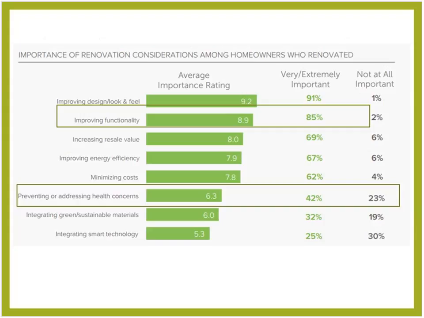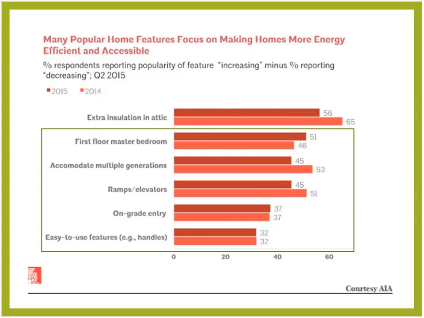The first one on top, which seems to be nearly the most important besides look and feel, is functionality. We would almost argue that to some degree functionality plays a role with accessibility, because accessibility plays a role in functioning around the house and how to get around. And then on the bottom, which is still a growing concern, is preventing and addressing health issues, primarily looking at air quality impacts on the home.